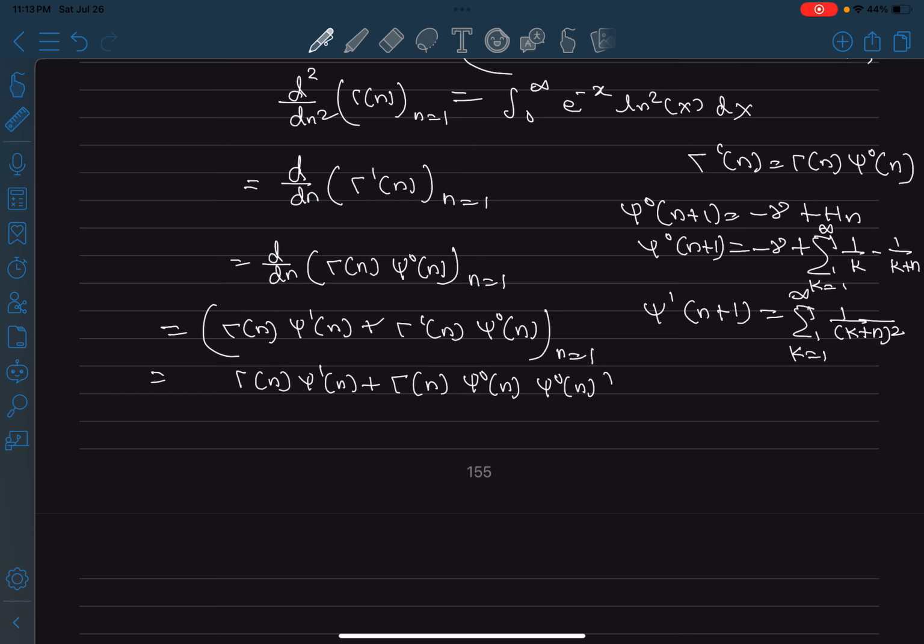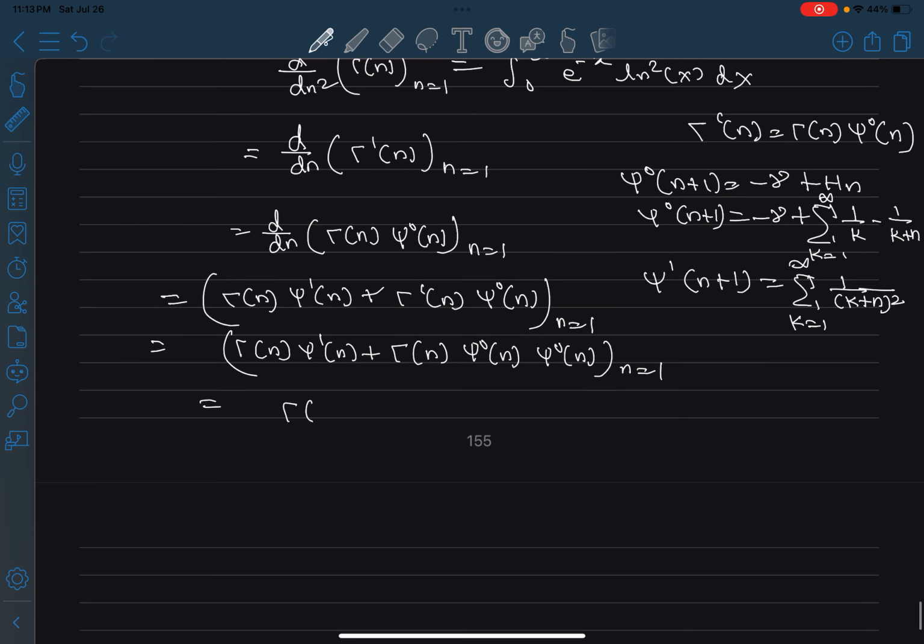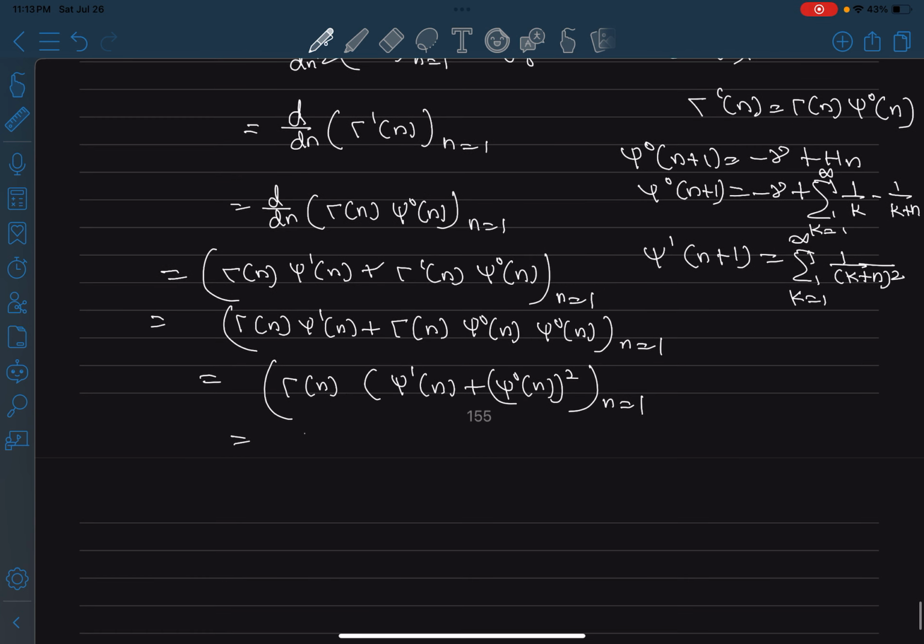I can take the gamma function common, and then I will have trigamma function plus digamma function square, whole thing at n equals 1. At 1, this becomes gamma of 1 times trigamma of 1 plus digamma of 1 square. Gamma of 1 is just 1.